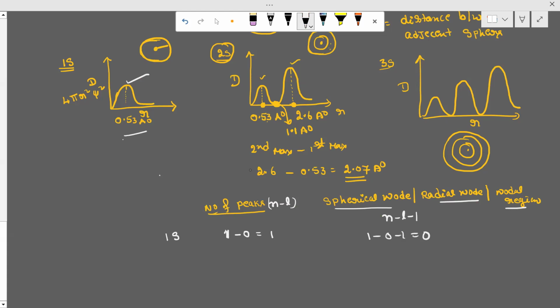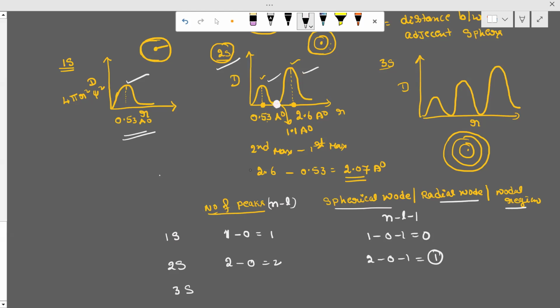There is no nodal region for the 1s orbital. 2s orbital: 2 minus 0 equals 2 peaks. For 2s orbital, the number of peaks is 2. Nodal regions: 2 minus 0 minus 1. One nodal region is there. This is the nodal region.